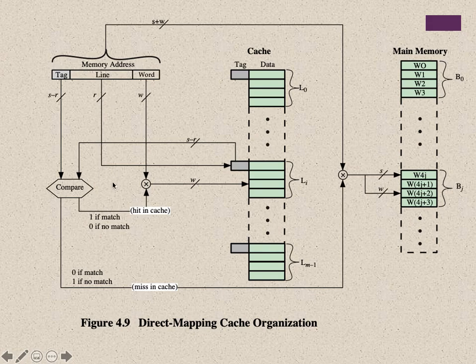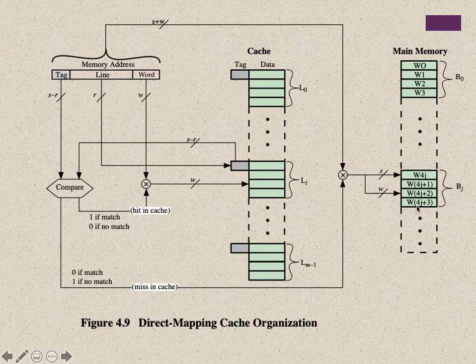So the line number gave us this full block. We compare this tag with this tag number, and if they are the same, then it means it's a cache hit. It means that the data exists in the cache. So then we can access the corresponding word by going through the given word.